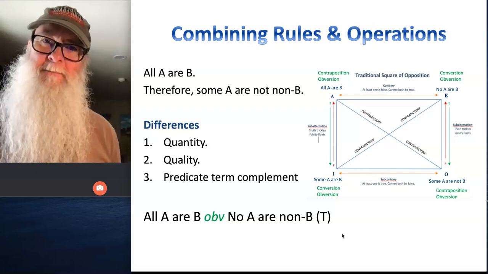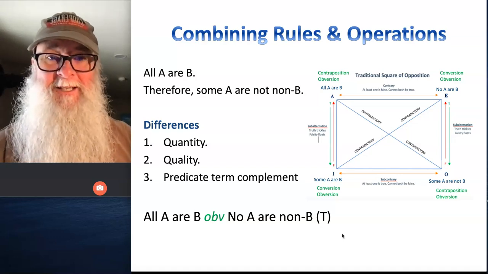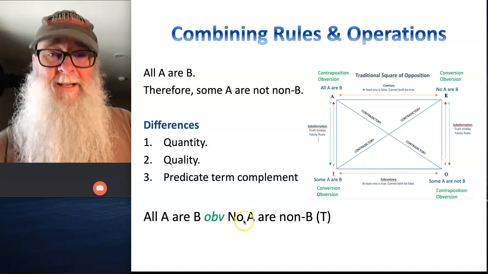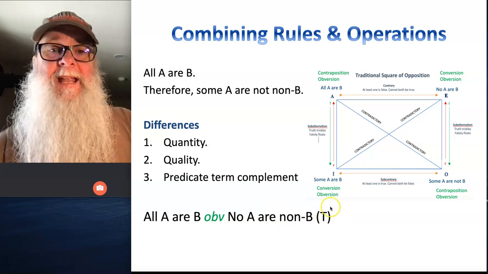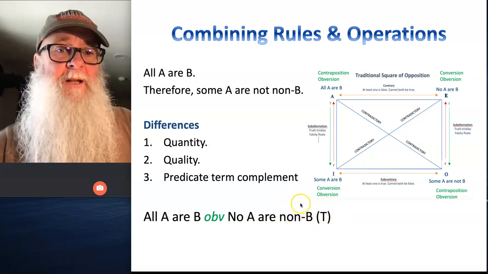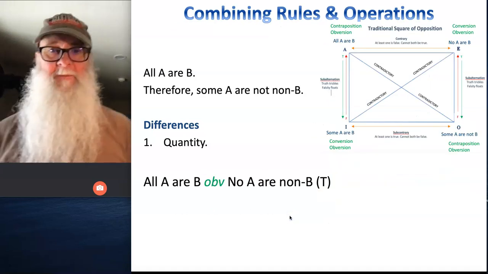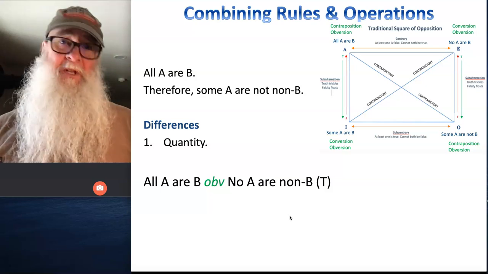And now think about what I've done by applying this rule of aversion. I've actually eliminated two differences in my statements, because now I have a statement that has the same quality as the conclusion. They're both negative, and we've got matching predicates now. We've got non-B. So by just applying the rule of aversion, I've eliminated two differences, and I have to just contend now with the difference in quantity.